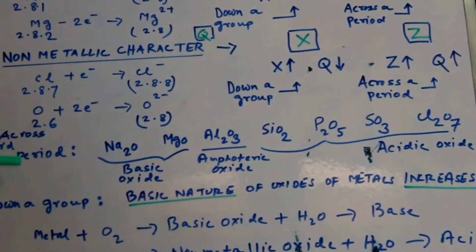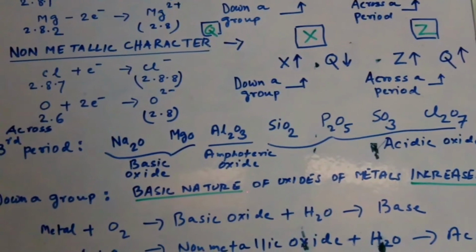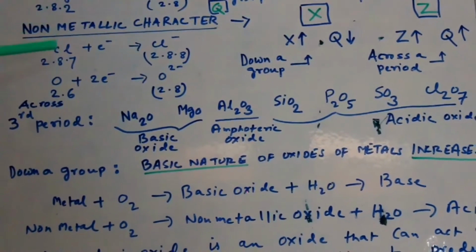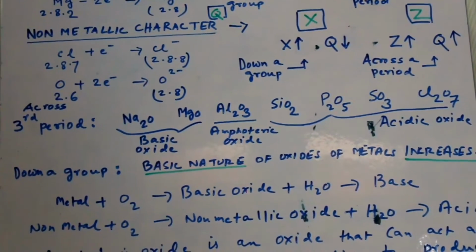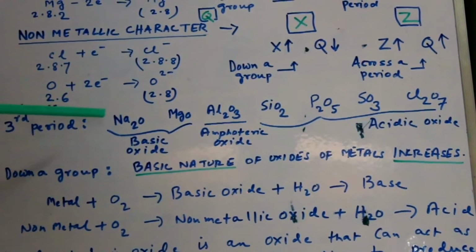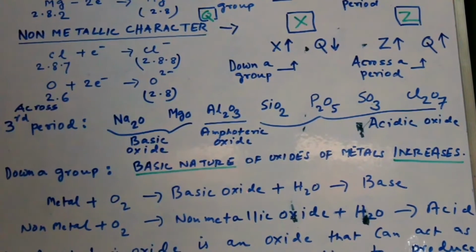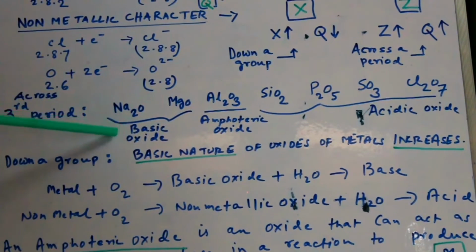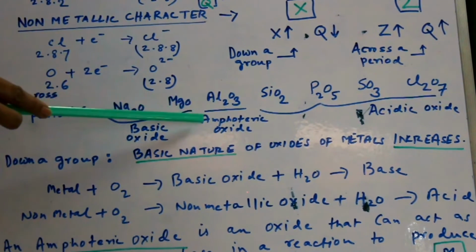Now here I have the example of the third period. In the third period we have 8 elements: sodium, magnesium, aluminum, silicon, phosphorus, sulfur and chlorine. Here I have written all the oxides of those elements. Na2O and MgO are basically basic oxides.